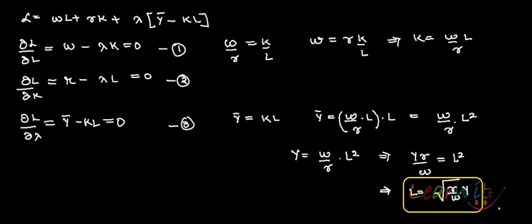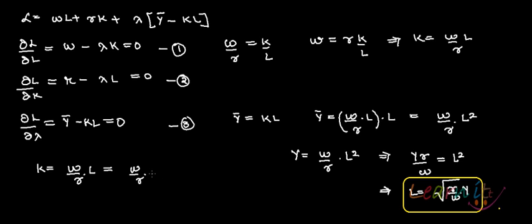Now what you will do is substitute this L into K. K was given as K is equal to W by R L, but what is L?